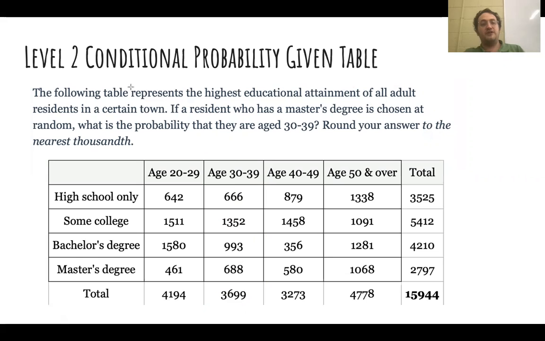So we are going to be focusing on the master's degree row. So we only care about people with master's degrees. And within that world, we want to know the number 30 to 39, given, and this symbol here means given that they have a master's degree, over number of masters.